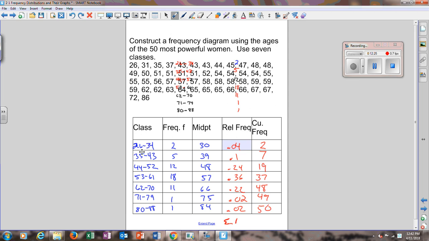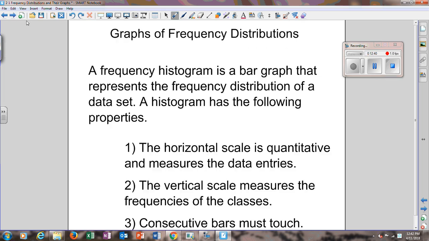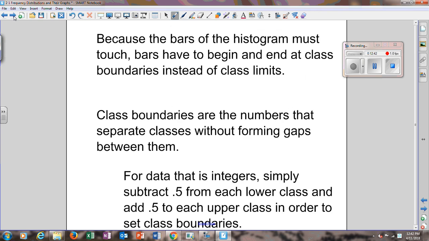There's a gap in between them. So we have to go with class boundaries, which is the distance in between them. So this is going to move up to 34.5, and this is going to move down to 34.5. For data that's integer, simply subtract 0.5 from each lower class limit and add 0.5 to each upper class limit in order to set your class boundaries.